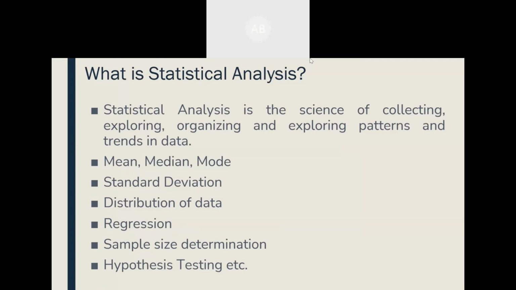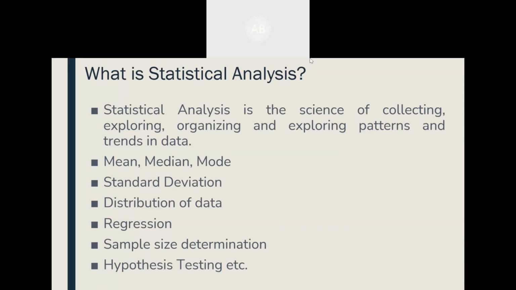So we are talking about data from a population. Imagine you have a population of 1,000 people in a village, and sometimes it is not possible to go and interview all the 1,000 people. Then you have to decide how much of a sample you are going to take out of the population. In order to do that, we have to apply some techniques which belong to the domain of statistics.